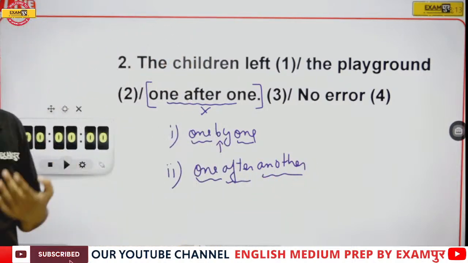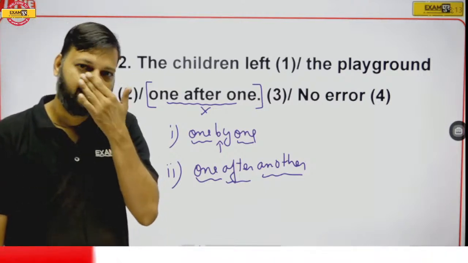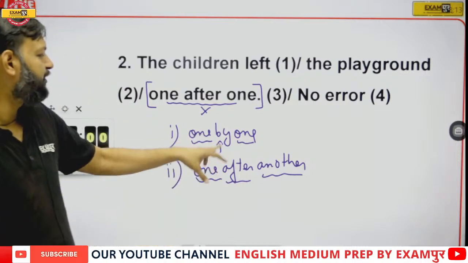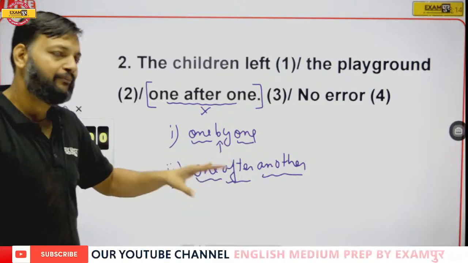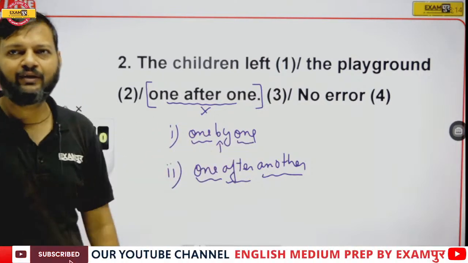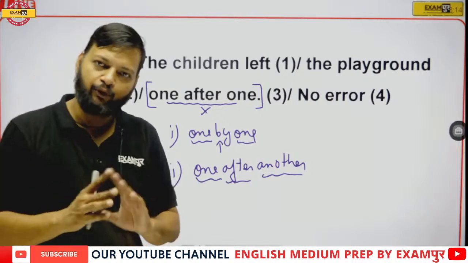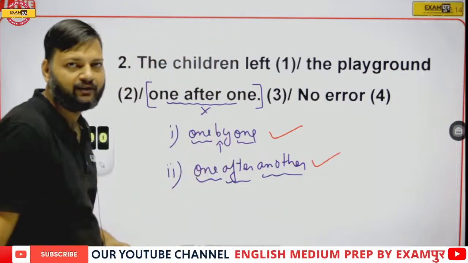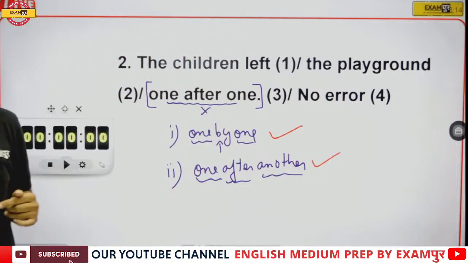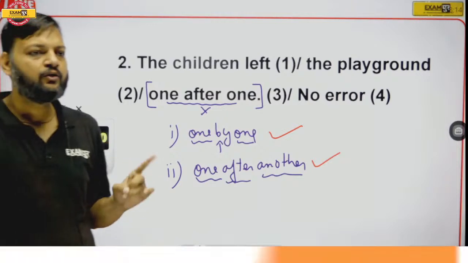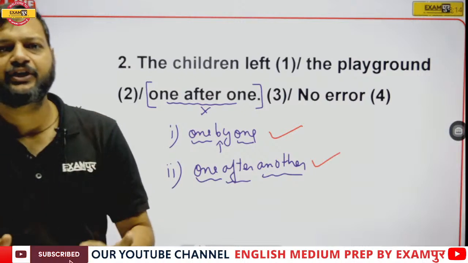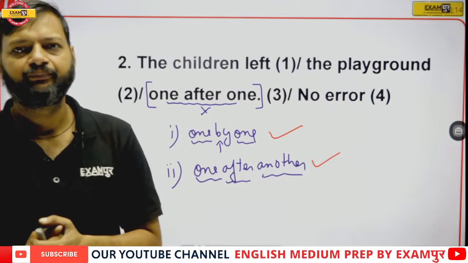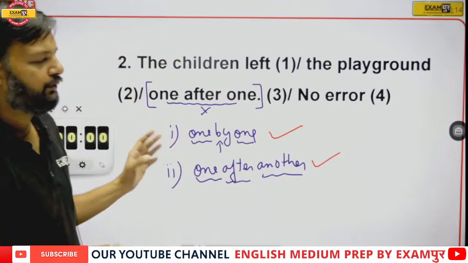So 1 after 1 is wrong usage. Write either 1 by 1 or 1 after another. Both have the same meaning, but the structure should be this. Both are absolutely right. Okay, clear? Hope the concept is clear.